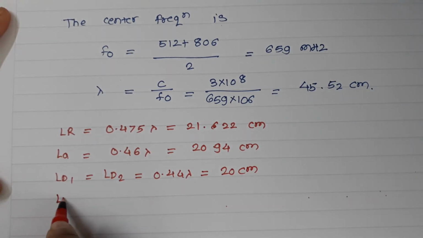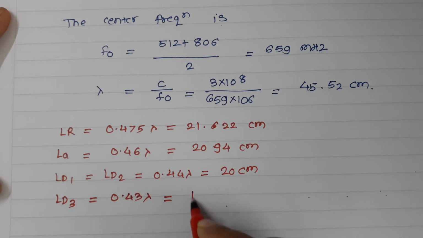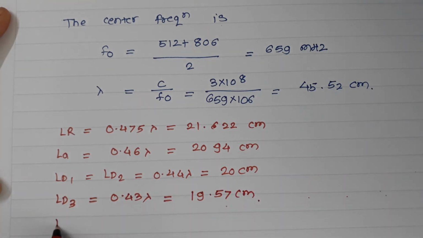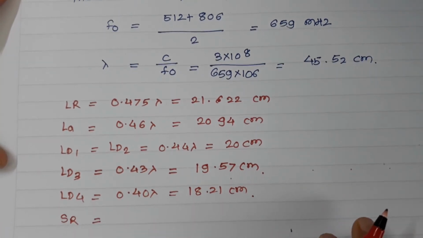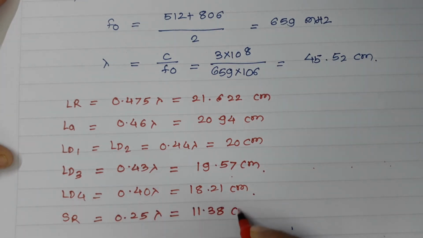Then LD3 is equal to 0.43 lambda, which comes to 19.57 centimeters. LD4 is equal to 0.40 lambda, which comes to 18.21 centimeters. SR, the spacing between the active element and the reflector, will be 0.25 lambda, which comes to 11.38 centimeters.